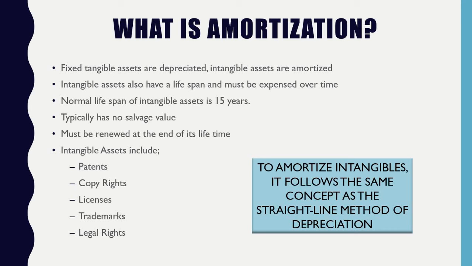It's exactly like depreciation, except depreciation is a terminology that we use for fixed assets. In this case, when we're trying to depreciate intangible assets, we call that amortization. So the methods behind it are identical.